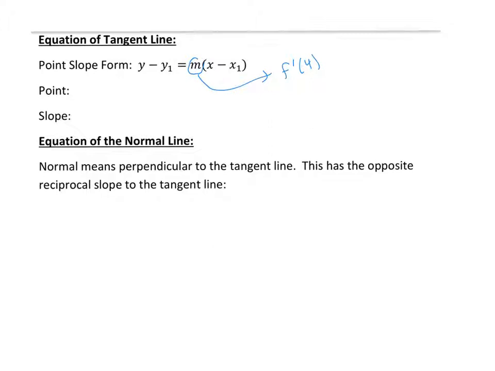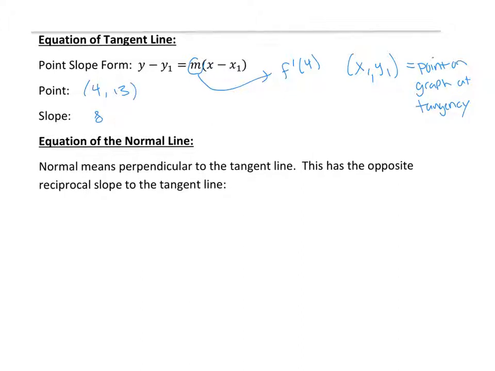And x1, y1 is the point on the graph at the tangent, at the point of tangency. So the point in the last example we had was (4, 13), and the slope we just found was 8.